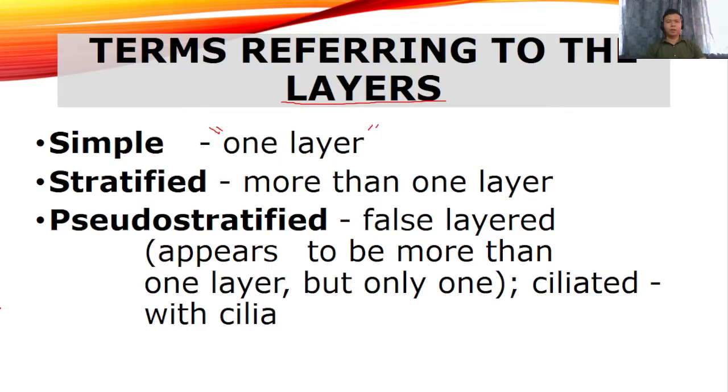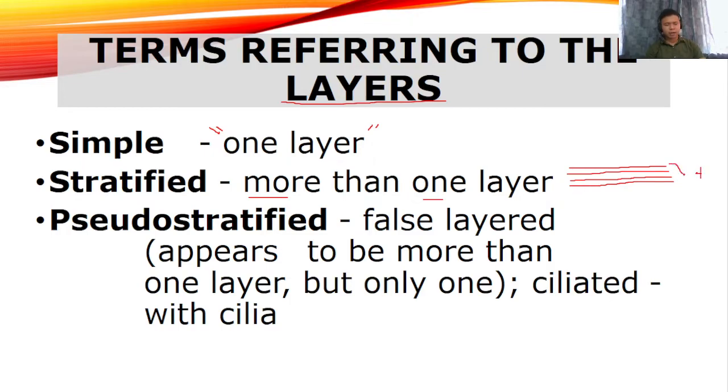Stratified means more than one layer. Let's say for instance, these are the layers of the cells. It's usually made up of 2 or more layers. Let's say in this case, we have at least 4 layers.